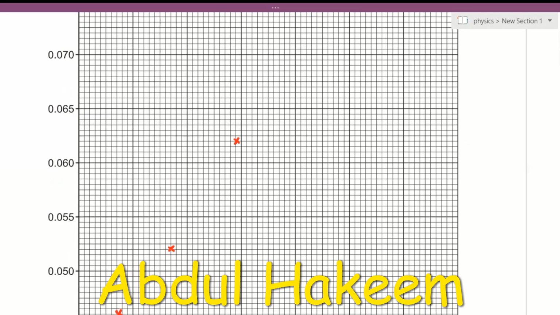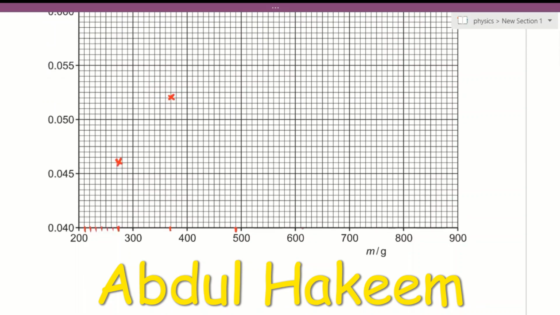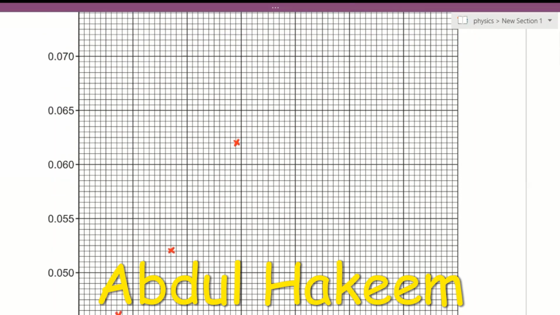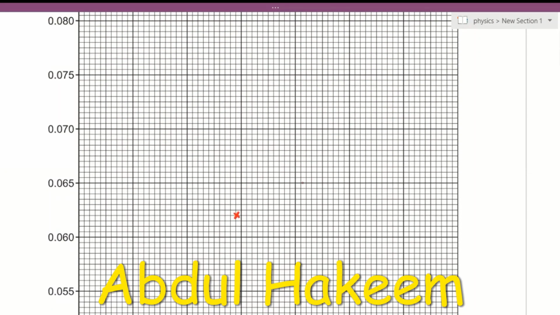And the next is 632. So this is 610, this is 20, this is 30, and this will be 632. And the y-axis is 0.072. This is 71, this is 72.